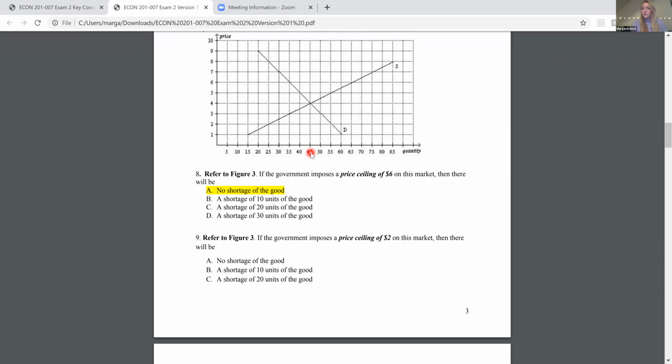They were willing to supply 45, but now that the price is lower, they're not willing to supply as much because they can't make as much in terms of revenue anymore. So now they're only willing to supply 25.